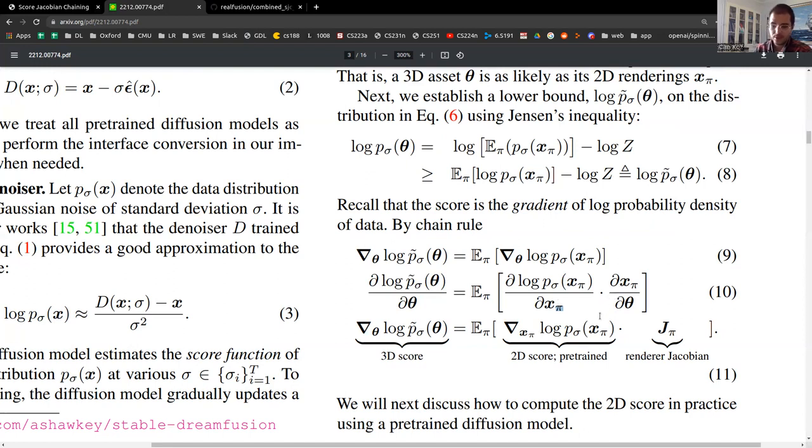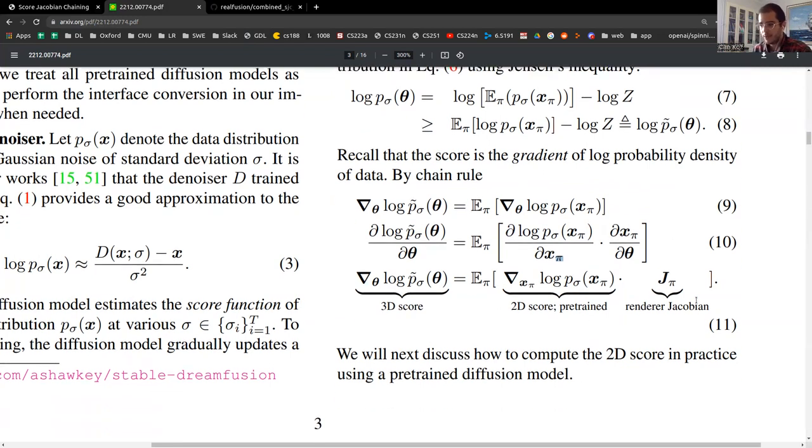This is just the Jacobian of the first part and the Jacobian of the second part. But the Jacobian of the whole thing, we can also refer to as the Jacobian of the whole thing, because Jacobians are linear, and everything is a derivative.